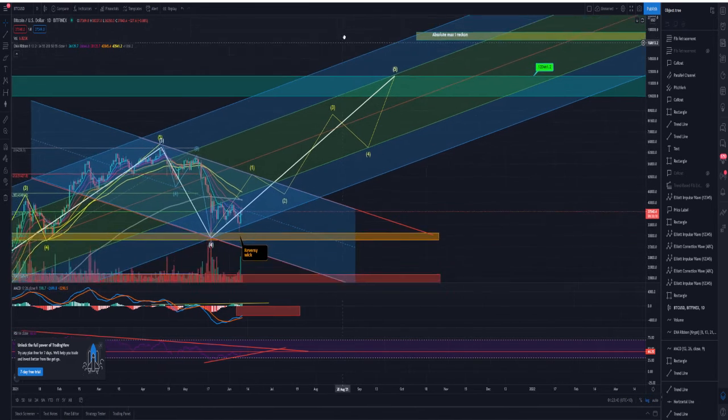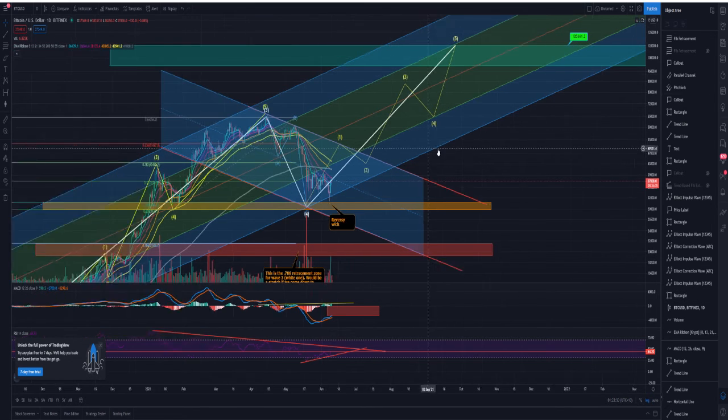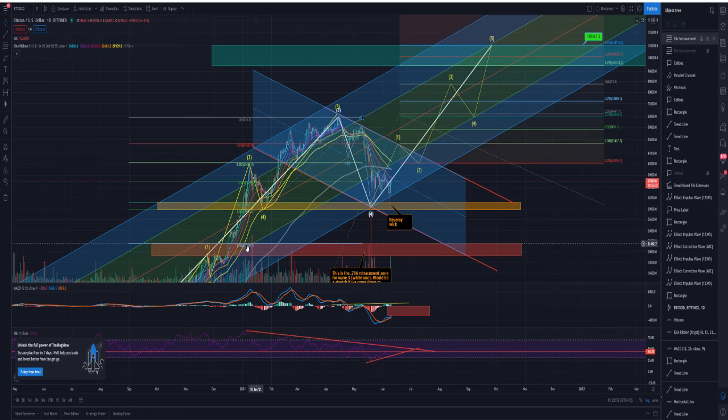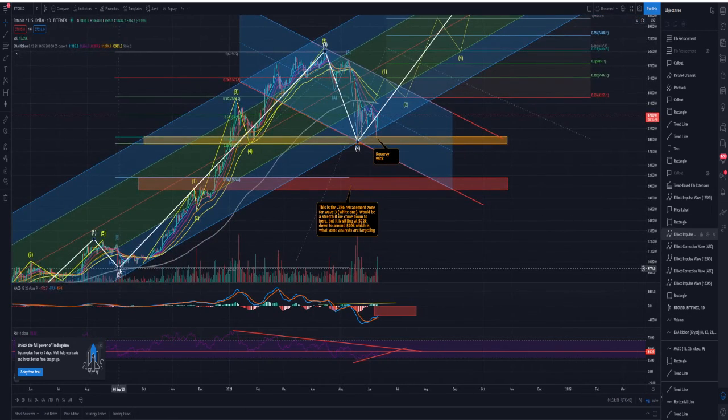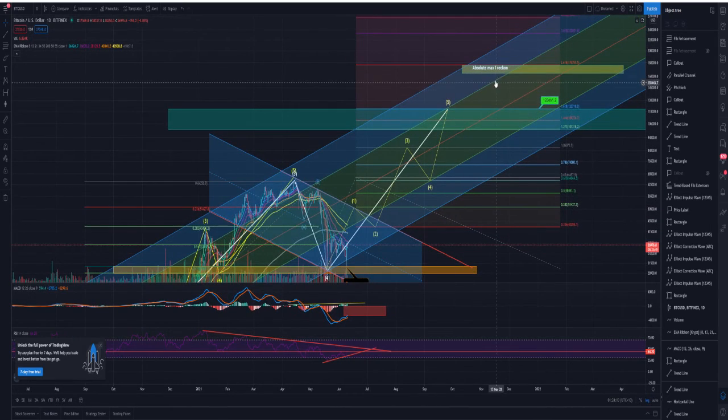It's possible. Now, before I flick this off, if you're wondering what this level here is, this is the fib extension of the wave 3. We're going to take a fib extension of the wave 3, measuring from the bottom of the wave 3, from the dip to the tip, as I like to call it, down to the bottom, and that gives us a fib extension of roughly 120k, right there.